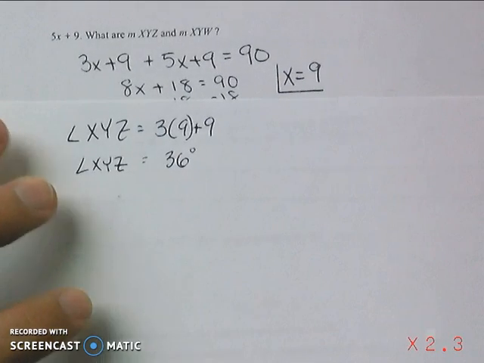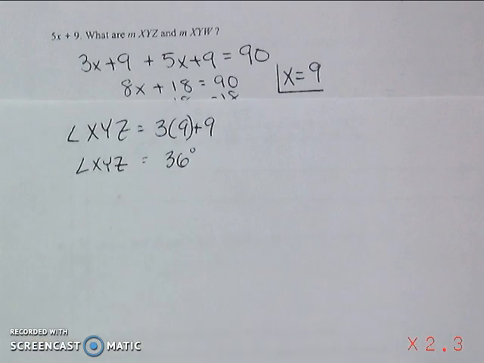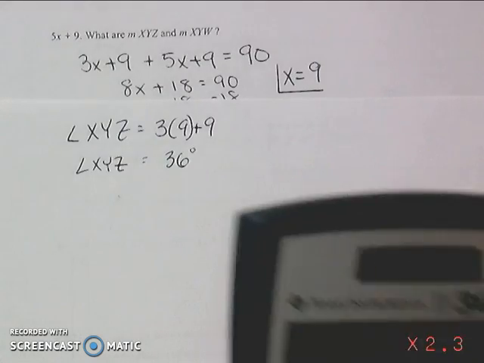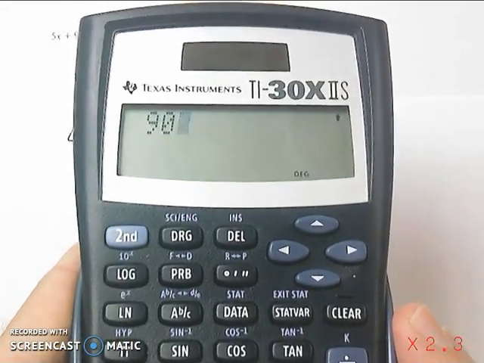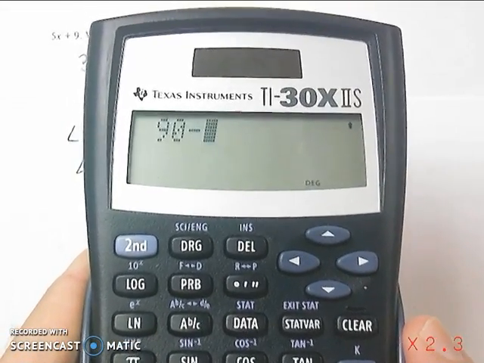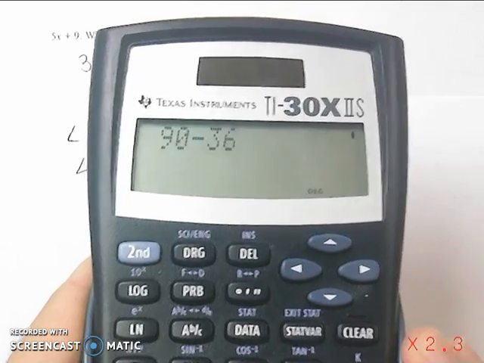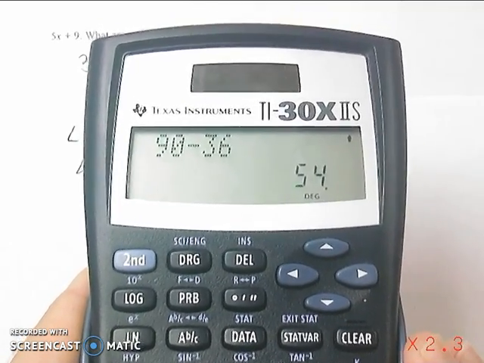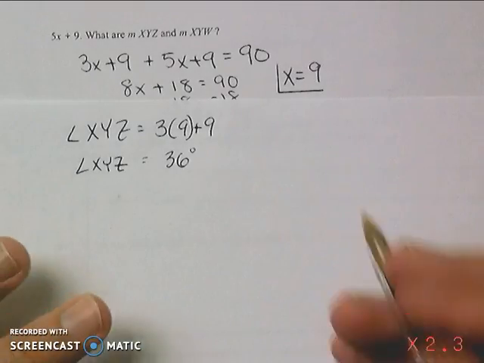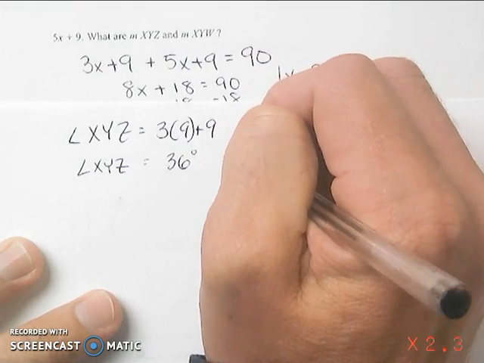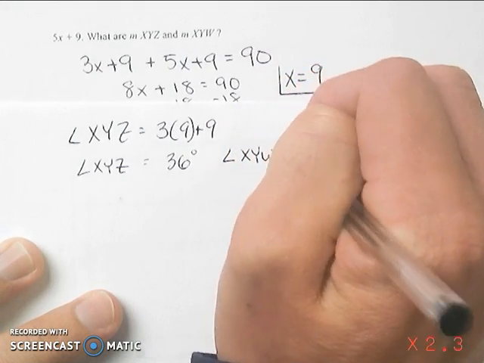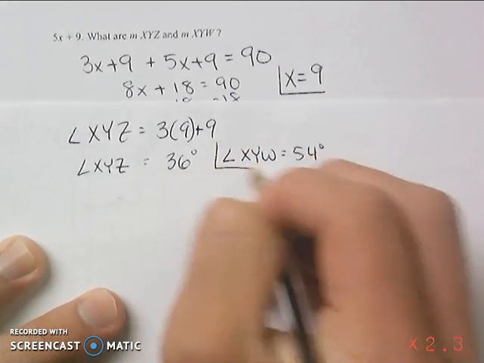And just by intuition, I know the other angle has to add up to 90. So if I take 90 degrees and subtract 36 degrees, I should come up with 54. That means the other angle should equal 54 degrees. And those are my two answers.